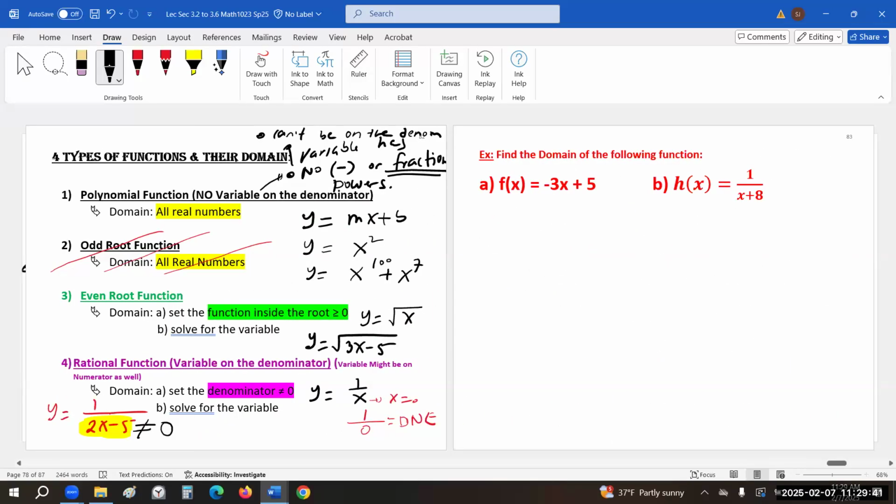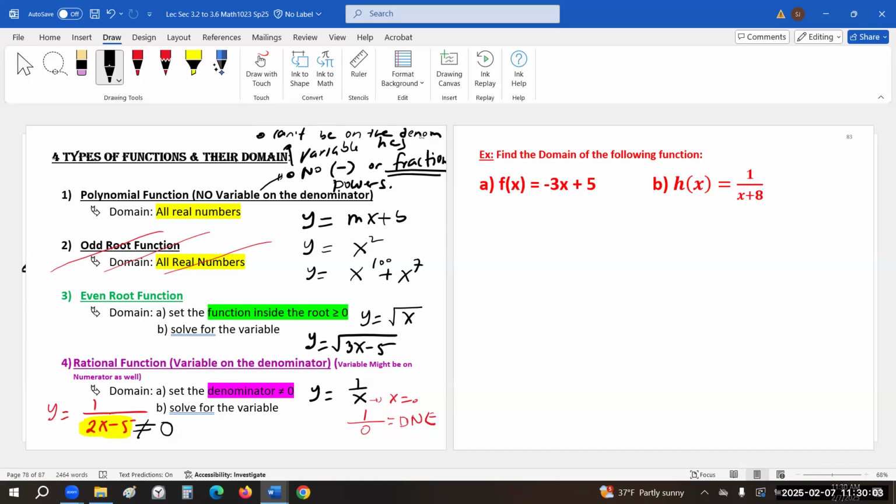The first one. What type of function is the first one? Is it a polynomial or not a polynomial? Remember, a polynomial is anything that doesn't have a variable on the denominator, doesn't have any negative power or fraction power.